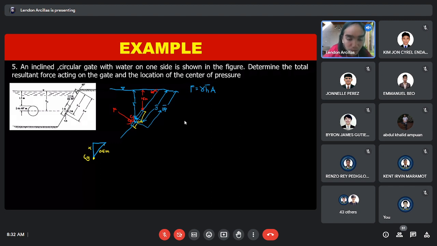This is 60 degrees. So therefore, sine 60 is opposite x over the hypotenuse 0.5. Therefore, x here is square root of 3 over 4 meters.